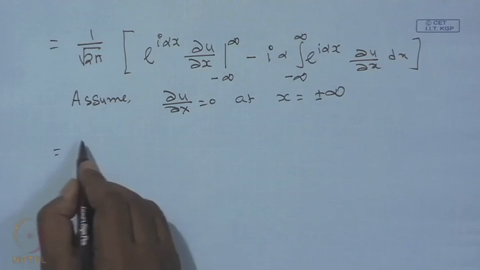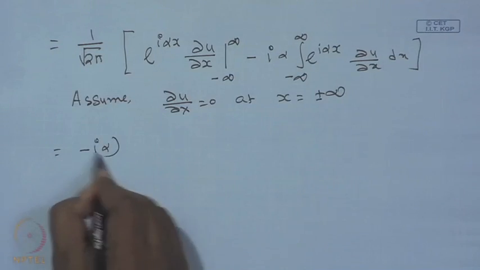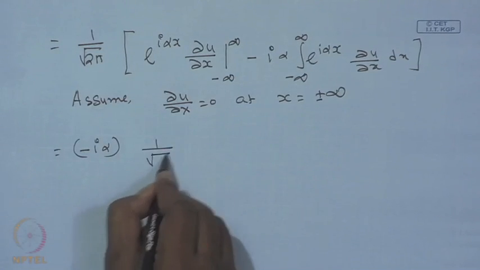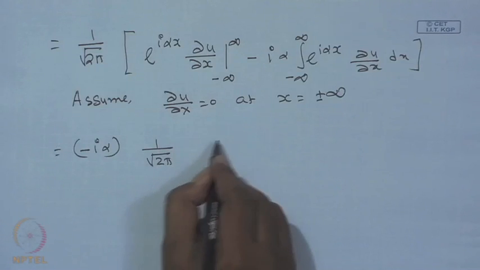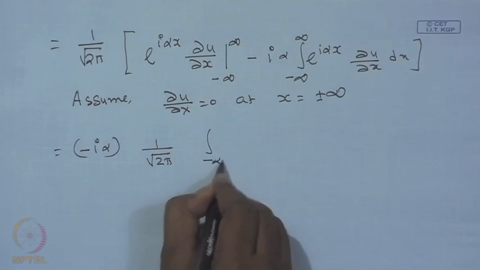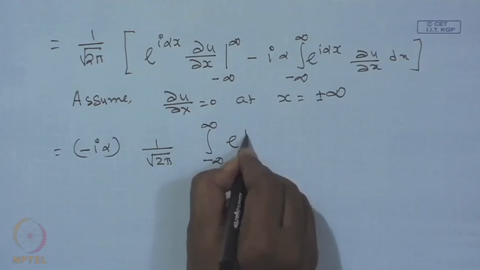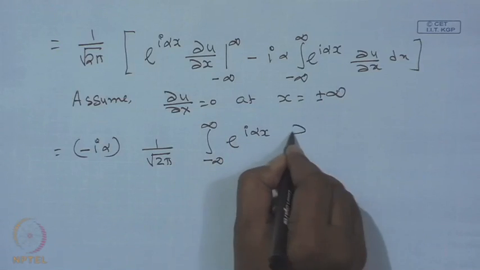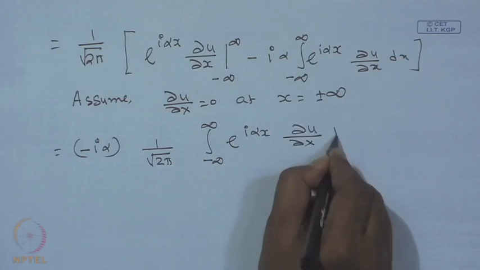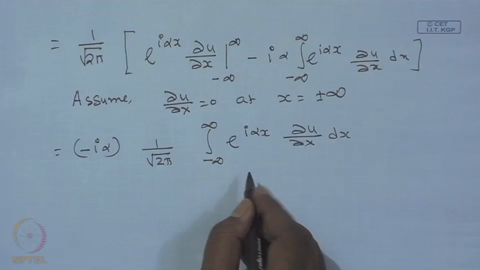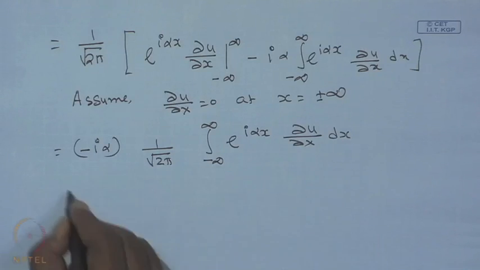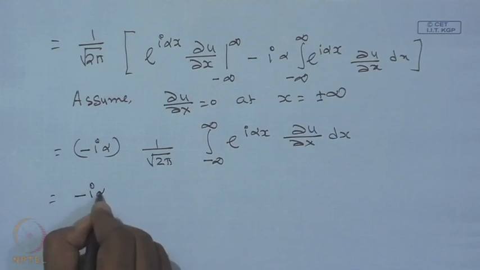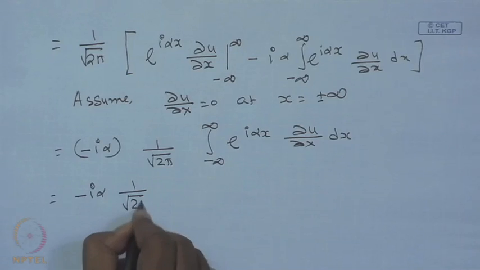So, it will be minus I alpha 1 over root 2 pi, integral from minus infinity to plus infinity of e to the power I alpha x del u del x dx, and again we do integration by parts. So, minus I alpha 1 over root 2 pi.